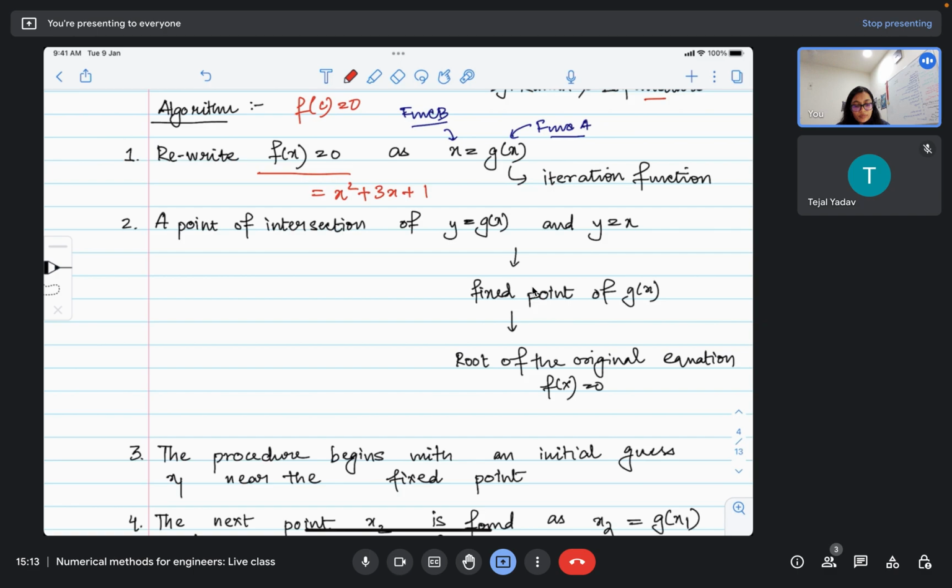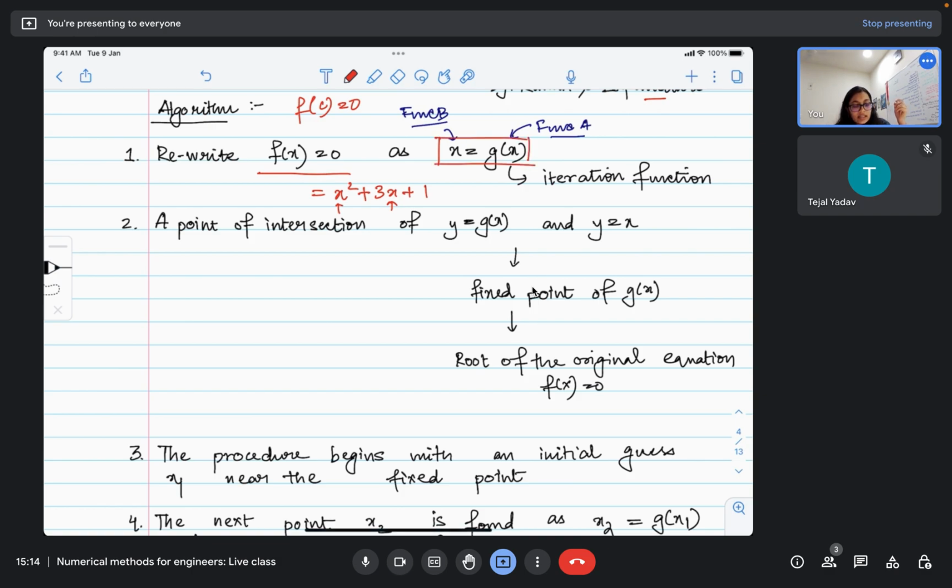So what you basically do is identify any x. You may take this x or x square, say this x, and you rearrange this expression. You just take the remaining terms on the other side of the equality sign, and you write it in terms of x is equal to some other function g of x.